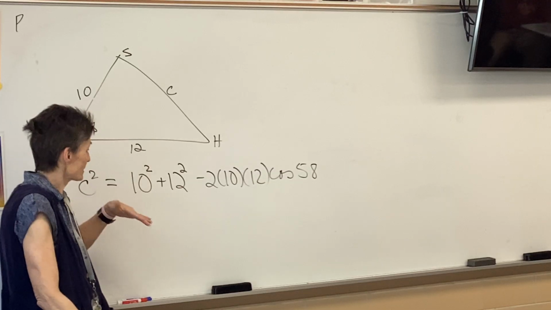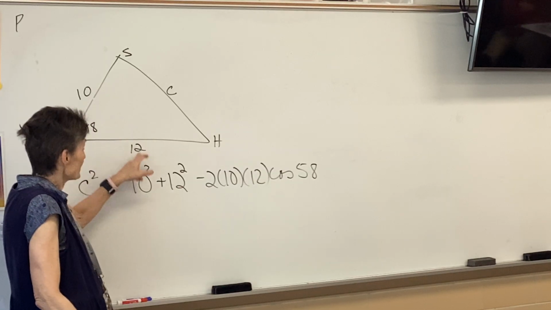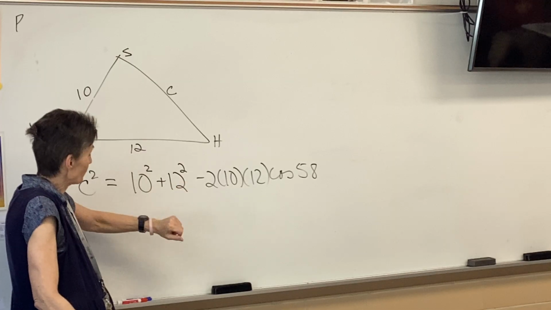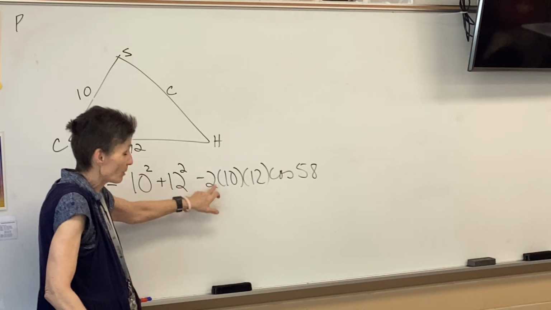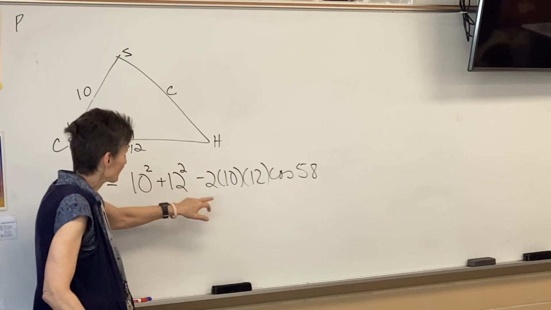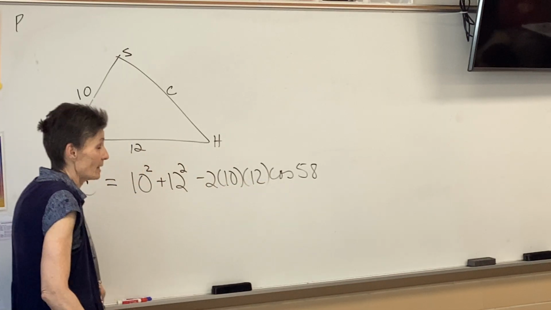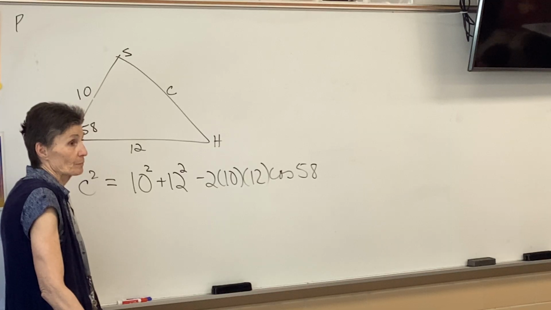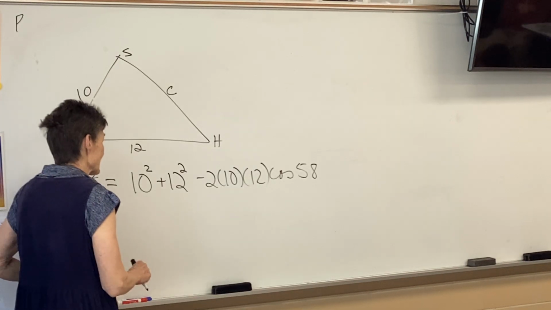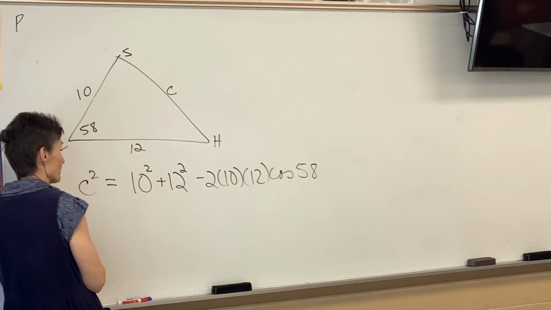So notice, here are my two sides. 10 squared plus 12 squared minus 2, that's part of the formula, minus 2 is built in, 10, 12, cosine 58. Now, we'll write out the formula in a minute, but it's really easy to memorize the pattern, I think.